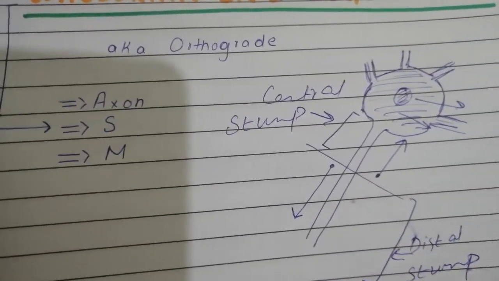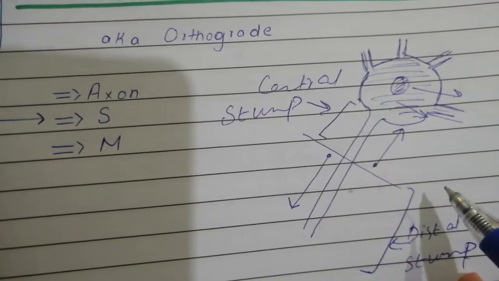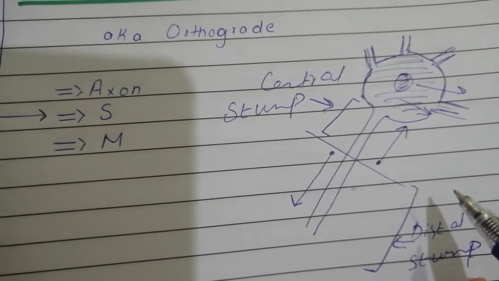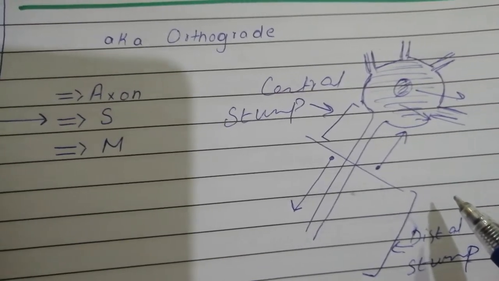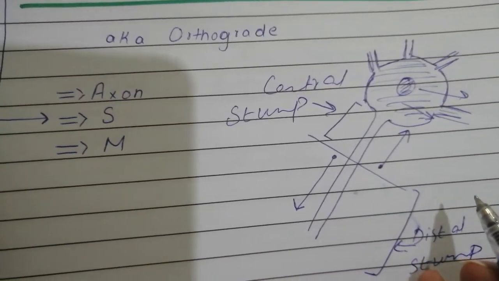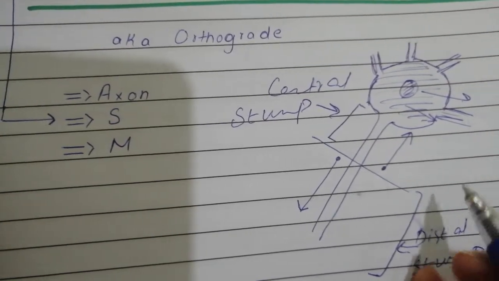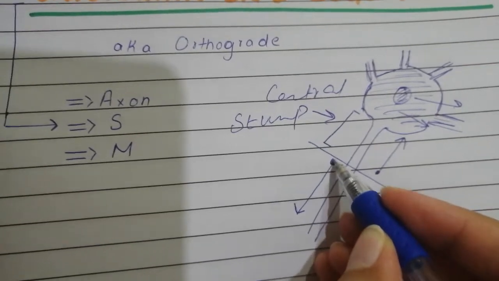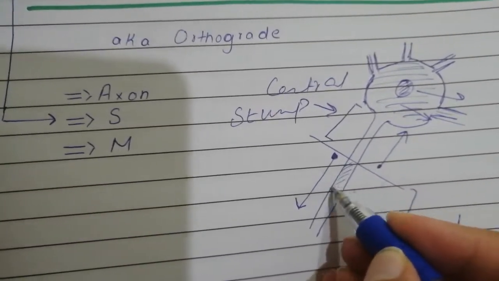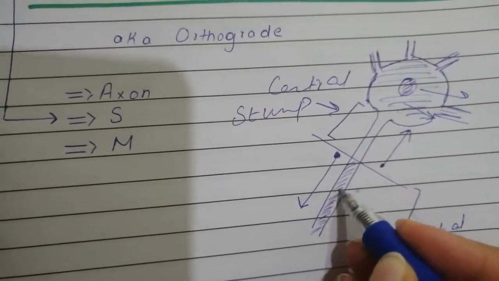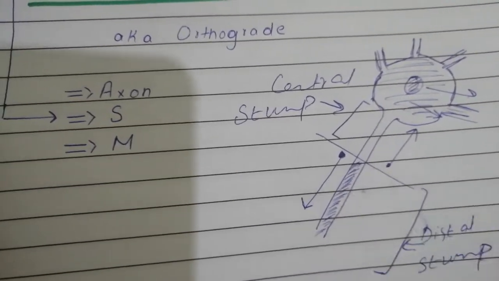In the case of the distal stump, which undergoes the type of degeneration referred to as Wallerian, anterograde or secondary, the axon and the myelin sheath become completely degenerated. The changes over here are different. First of all, the axoplasm, which is the cytoplasm, is broken up into small segments, right?